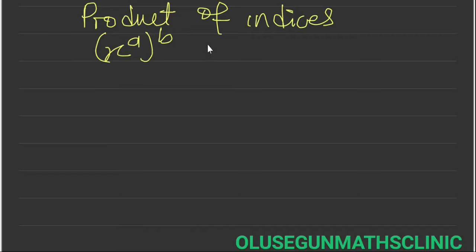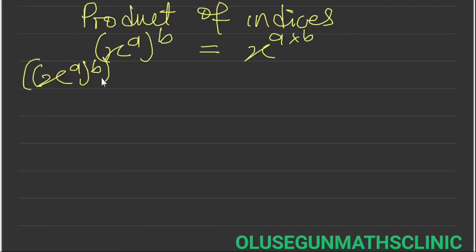So what you are going to do here is that the base stays, and these are the indices, you just multiply them together, even though it is raised to power more than 2 or 3. For example, we have s raised to power a raised to power b raised to power c. The value will be s raised to power a times b times c.